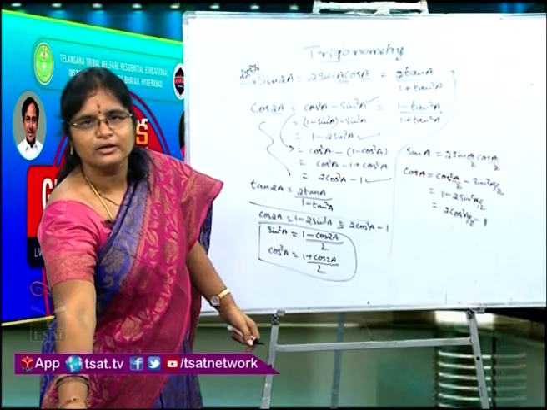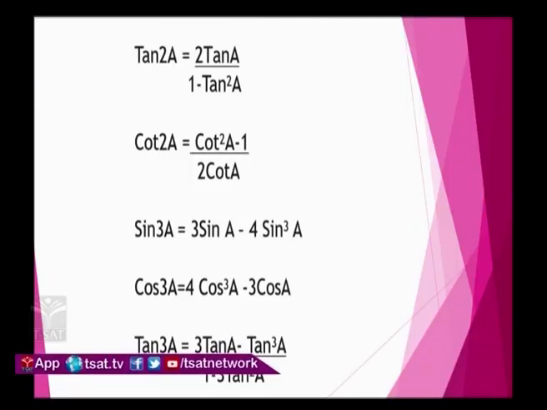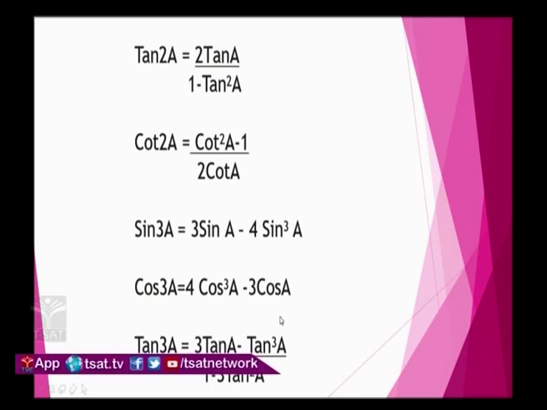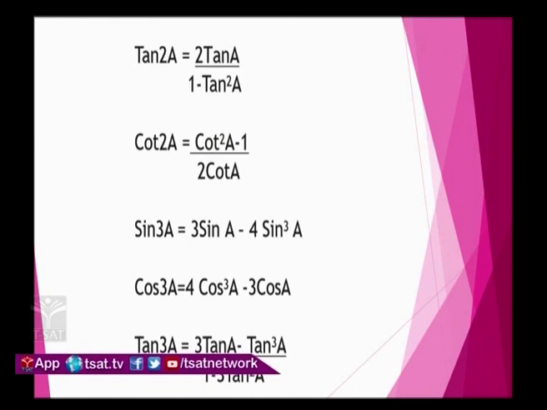Okay, children. Now, next if we move, tan 2a we have seen, cot 2a is cot square a minus 1 by 2 cot a, sin 3a equal to 3 sin a minus 4 sin cube a, and cos 3a is 4 cos cube a minus 3 cos a. Here also you can derive, children, sin 3a you can derive as sin 2a plus a.